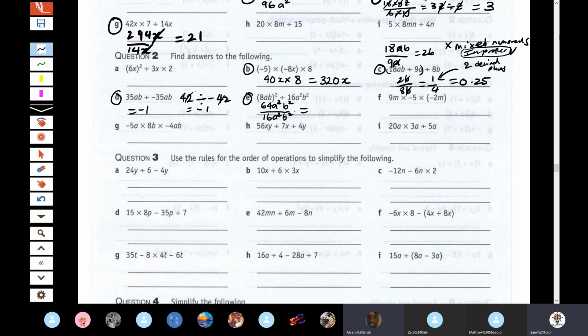Yeah, the answer's 4. So that means you did get it right. Good job. So 64, A squared, B squared, and then pretty much this cancels out with that. This cancels out with that. 64 on 16 is 4. Any questions there?